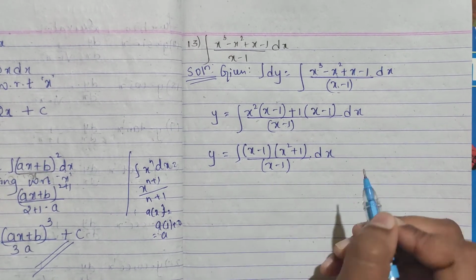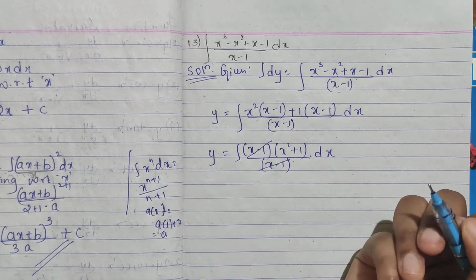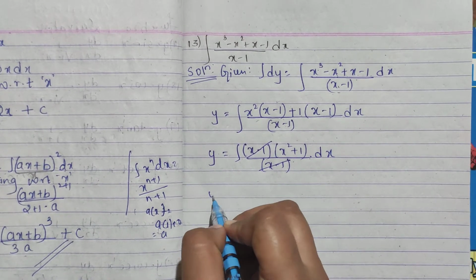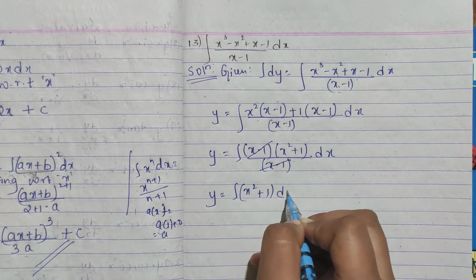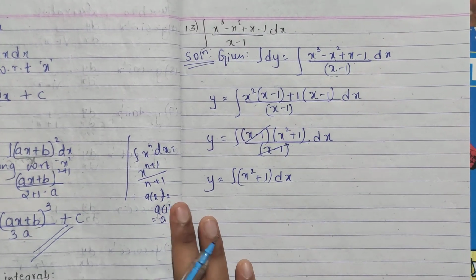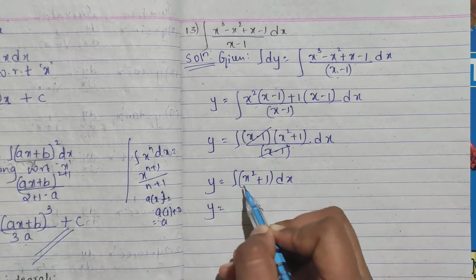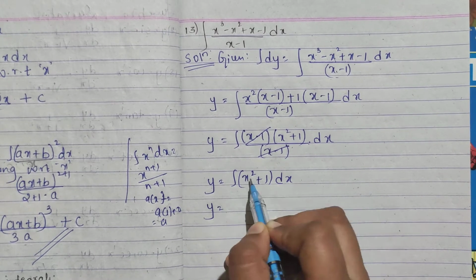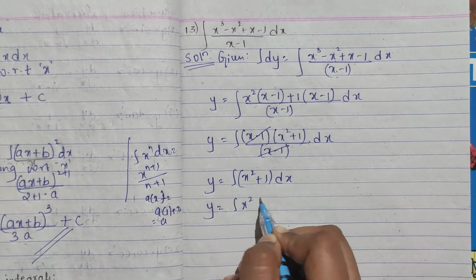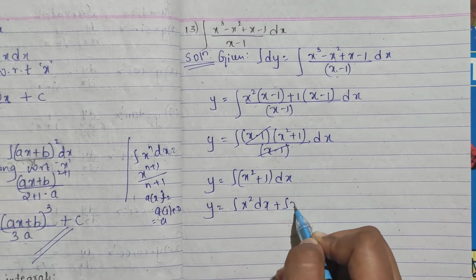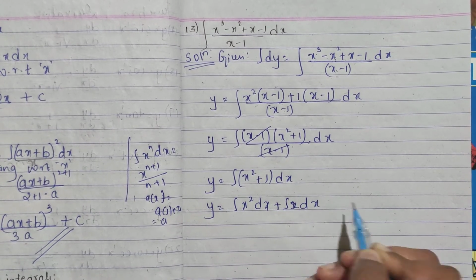right? So next what I can do, x minus 1 cancels off, and I'll be having integration of x square plus 1 dx. So same, you can apply the property, or directly you can do it. See, integration of x square dx, you can take like this. If you want to split like this, you can split if you don't understand. Sorry, 1 dx.